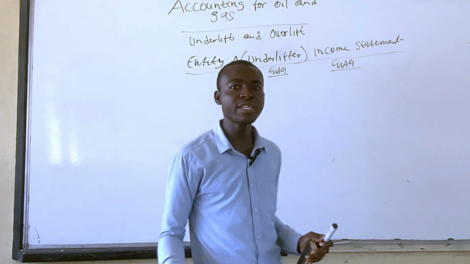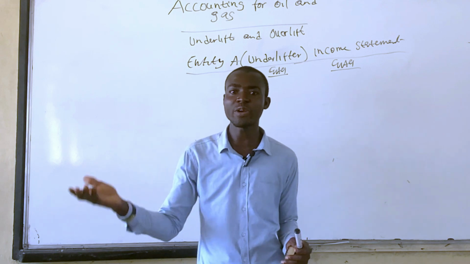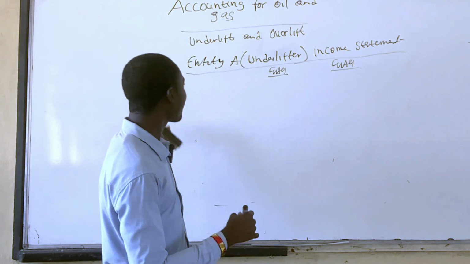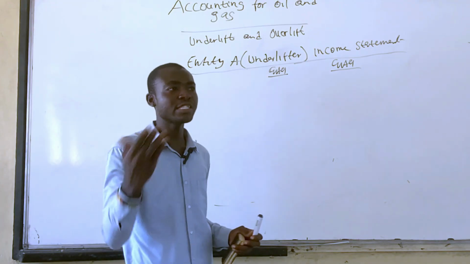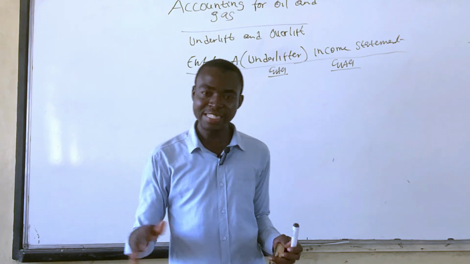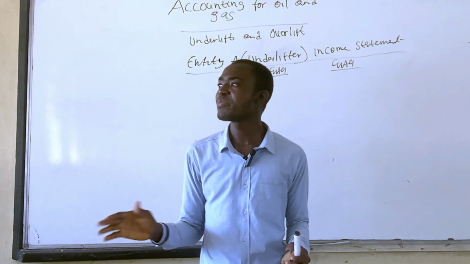The revenue will be the number of barrels of oil that entity A sold. According to the question, entity A was entitled to 350 barrels of oil, and entity B was entitled to only 150 barrels of oil.